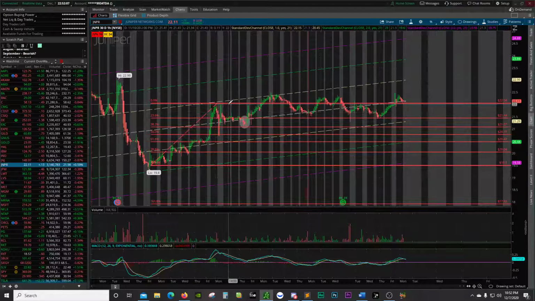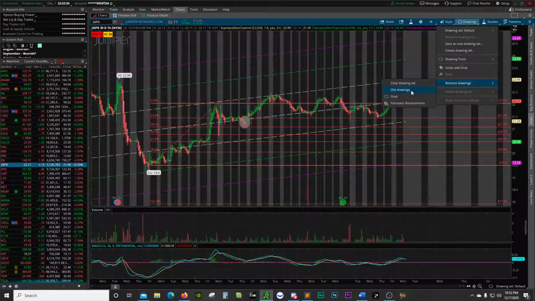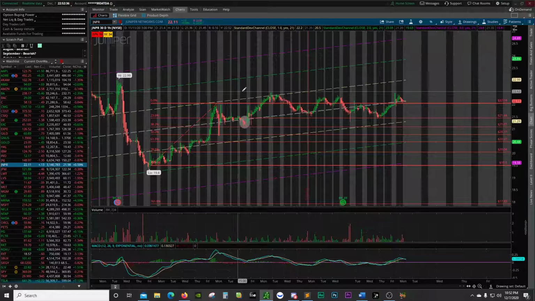And I could perfect it, I could make it a little bit different or more specific, but generalized typically works, as long as it's very close in relativity. But as you can see here, the 38.2% level, it bounced off of it and it went back up. And now, we kind of got some consolidation on JMPR. So it seems to be like a strong resistance level right here.